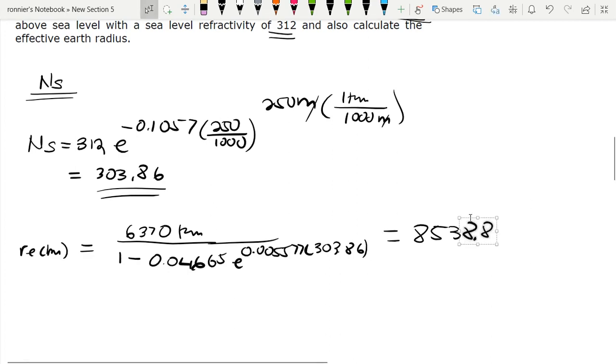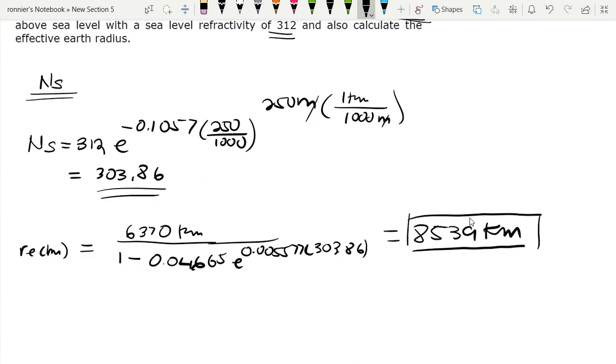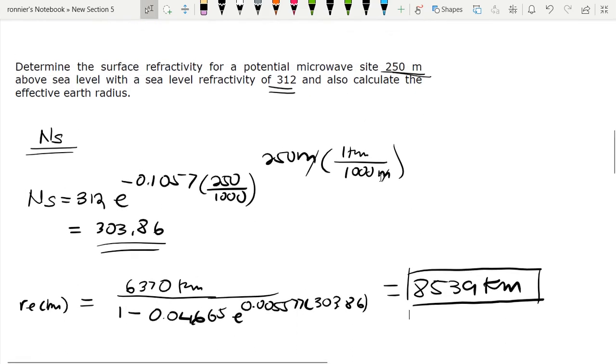I-round off na lang pala natin into whole number. So, yan yung sagot. Okay, so ano pa bang hinahanap? I think wala na naman kasi yung surface refractivity nahanap na natin, Ns, and yung effective Earth's radius itong 8539. Alright? So, balik tayo sa PowerPoint.